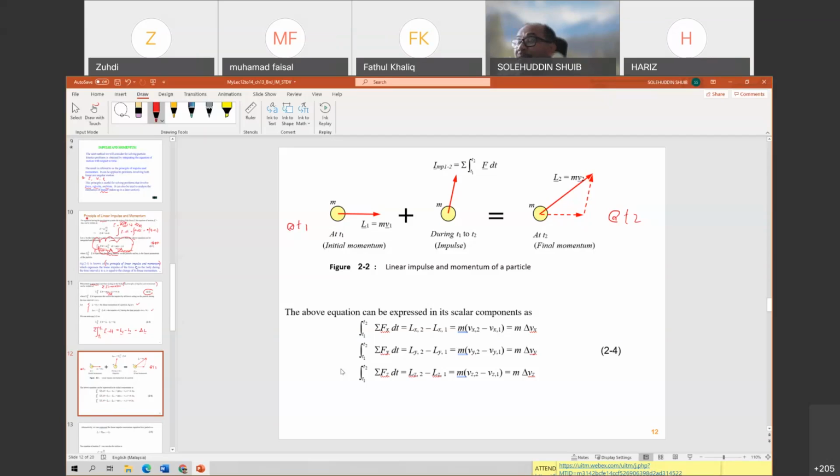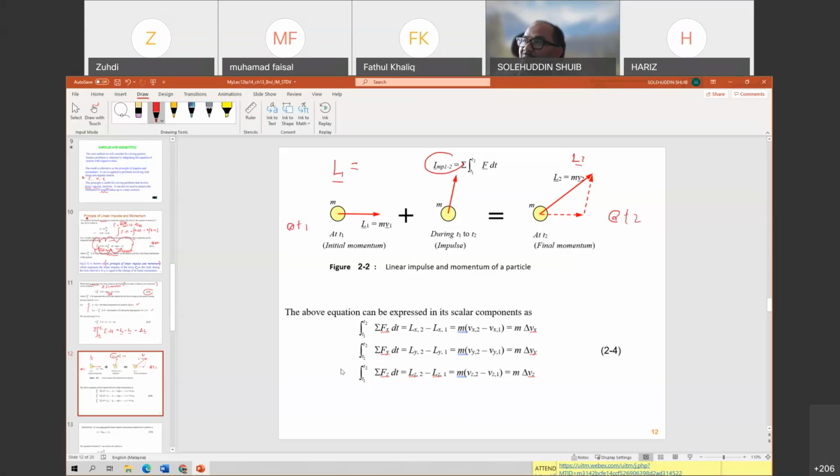Okay, so I have defined all of that just now, right? So we have here L1, we have here L2, and here we have impulse. By this drawing, I think it can make it clearer to us. So L1, at T1, this is initial momentum.